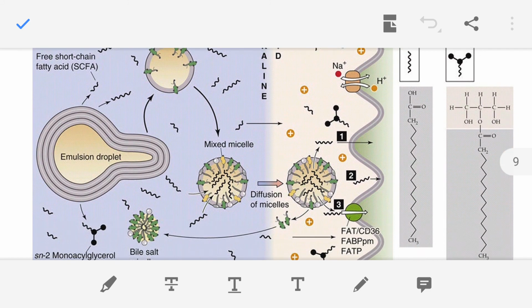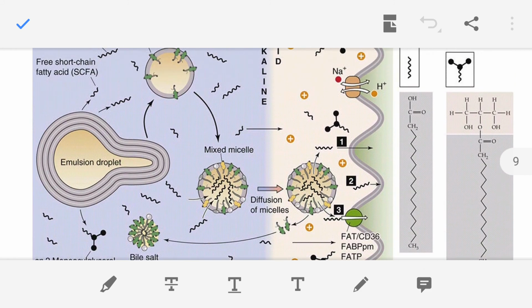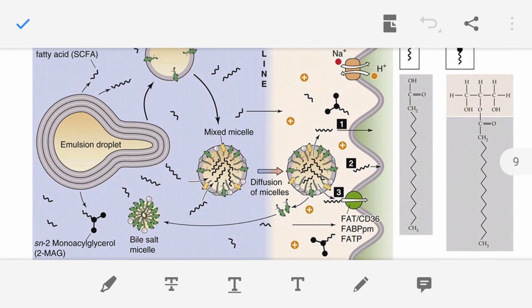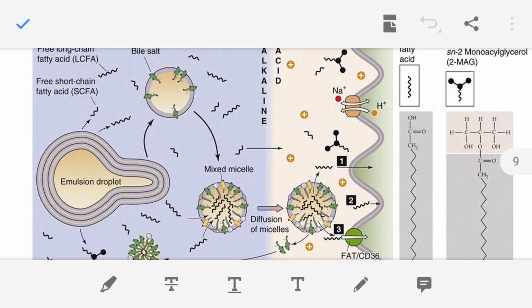The structure formed by the combination of this lipid digested product and the bile salt is known as mixed micelle. Now what happens to this mixed micelle? Where is this mixed micelle right now?